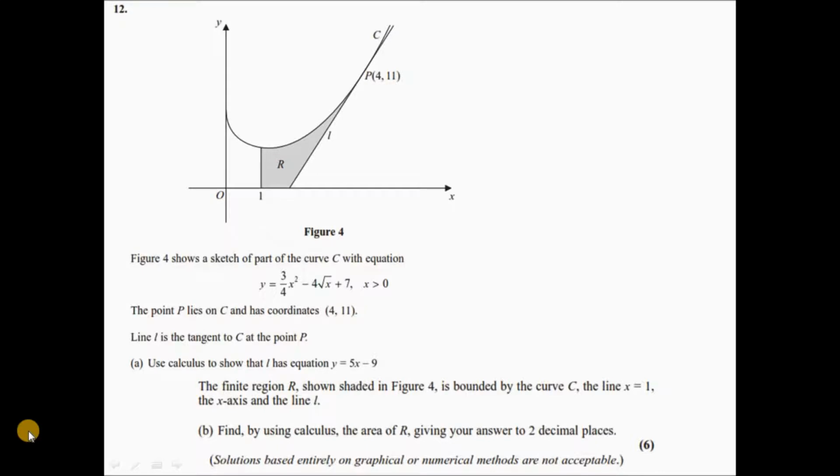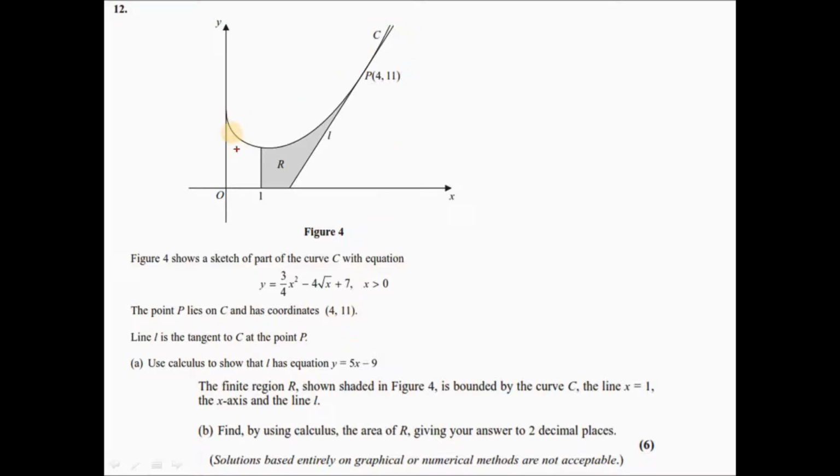Okay, question number 12. Figure 4 shows a sketch of part of the curve C with the equation y is equal to 3 by 4 x squared minus 4 root x plus 7, and the point P lies on C and has coordinates (4, 11).